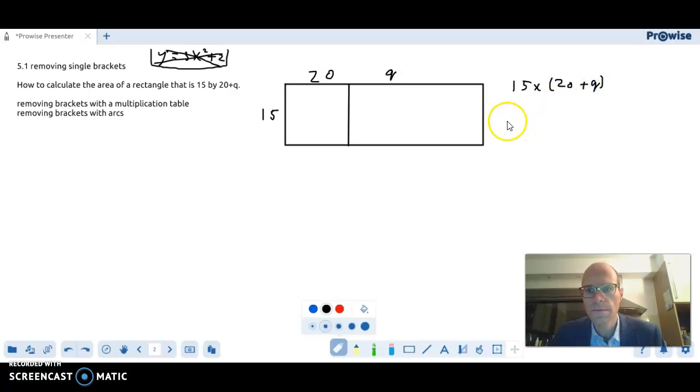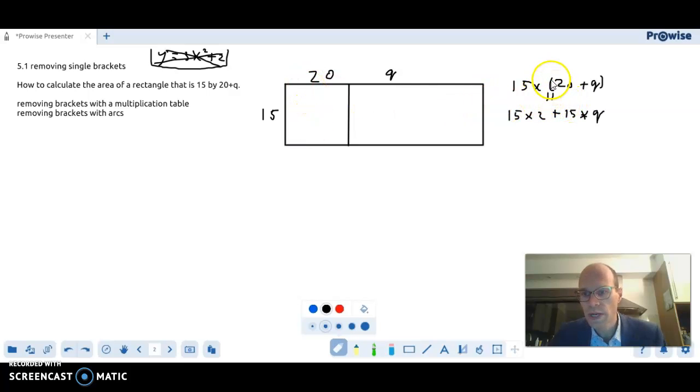What is the other way? The other way is to calculate this area and then also calculate that area. That is 15 multiplied by 20 plus 15 multiplied by q. This should be equal, because it's the same area, isn't it?